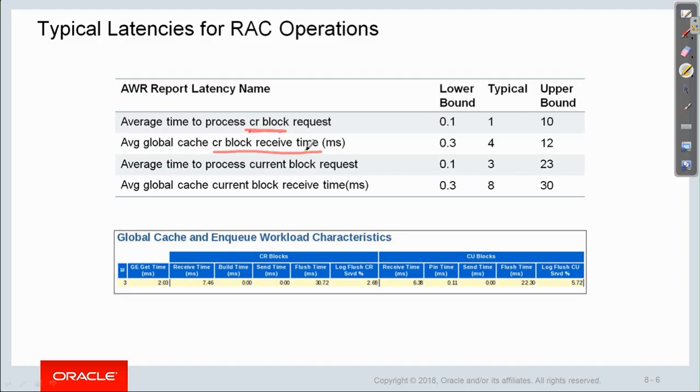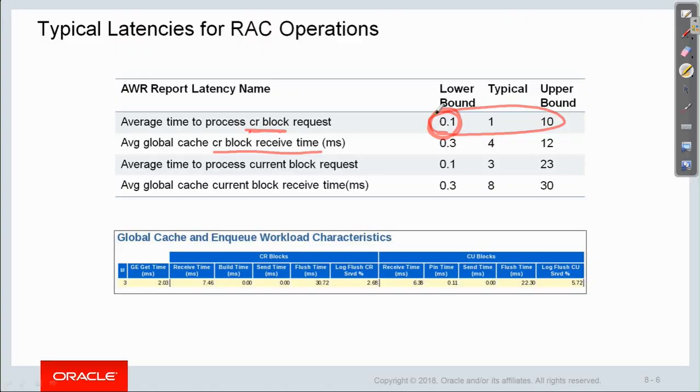Then a consistent read block must be created to provide consistency to the second session. To request the consistent read block, the server process works with the LMS process, and the typical time range is 0.1 to 10 milliseconds. Mostly I see 0.1 millisecond, so more towards the lower bound.